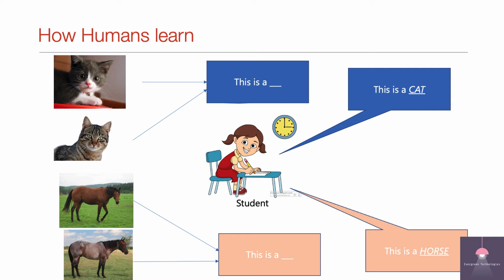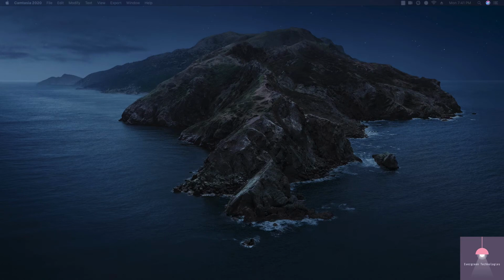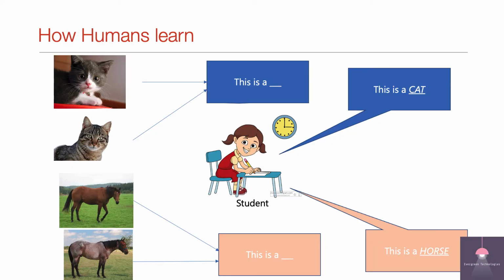So let's say a student gets a question paper, and they are shown the picture of a cat, and the question is a fill in the blanks where the question is, this is dash dash dash, and the student is supposed to fill in the answer. Similarly, for a horse, this could be another question.